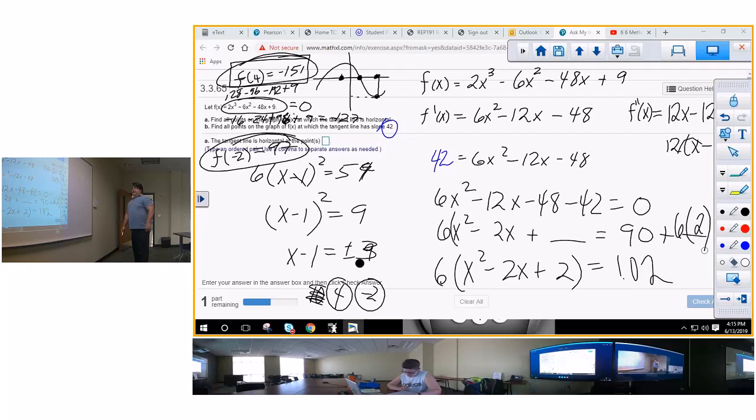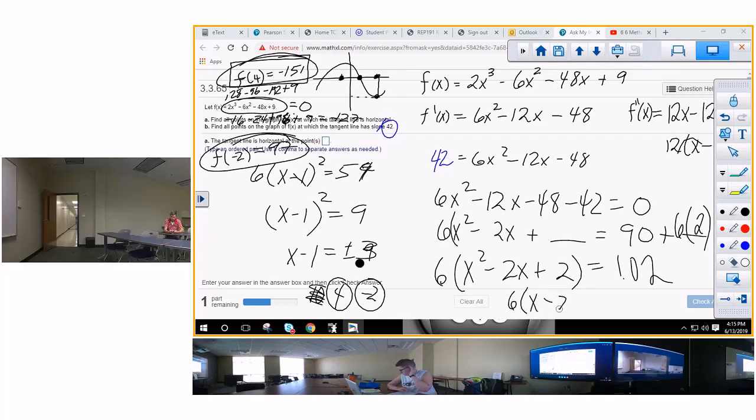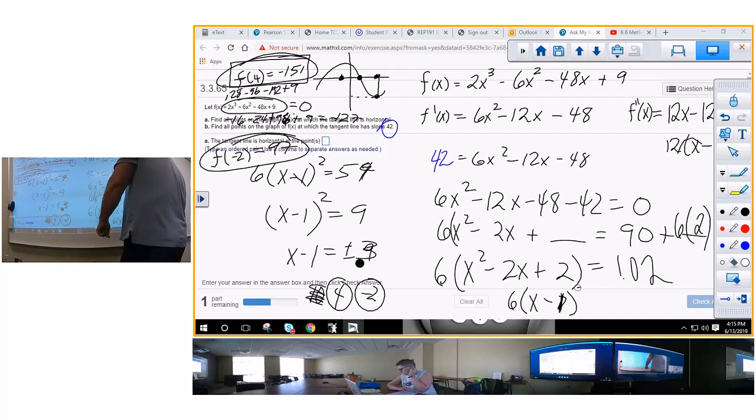Should be. And that's going to be 6 times x minus 1 squared is equal to... wait a minute, something's wrong.